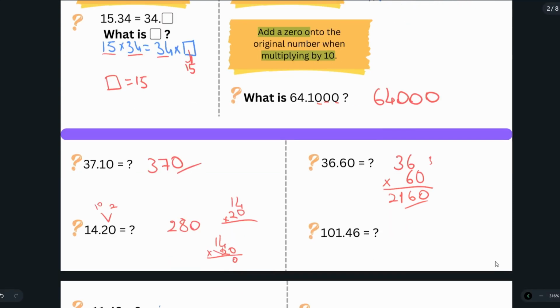Okay, here's the next problem. Obviously, there isn't always an easy way, so sometimes you just have to do normal multiplication. So it's 101 and 46. It doesn't matter where you write them, but I usually prefer writing the larger number on top and the smaller number on the bottom. 6 times 1 is 6, 6 times 0 is 0, 6 times 1 is 6. 4 times 1 is 4, 4 times 0 is 0, and 4 times 1 is 4.